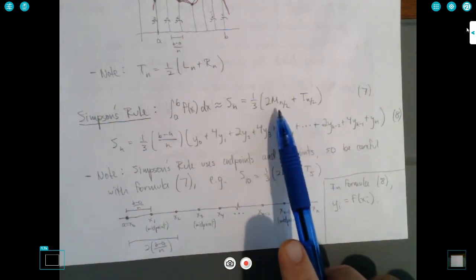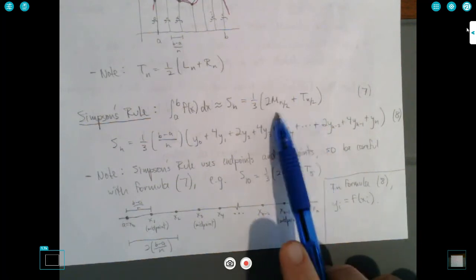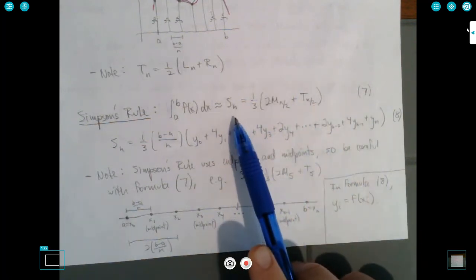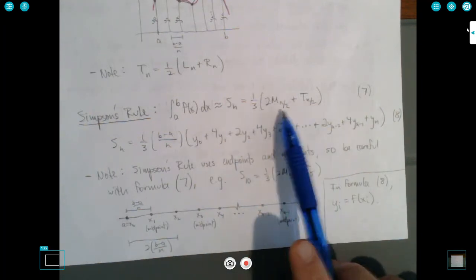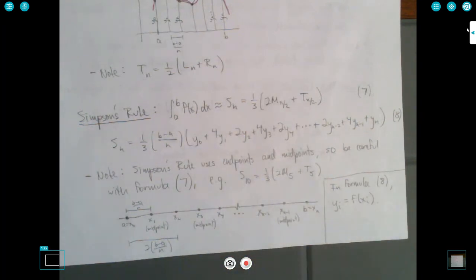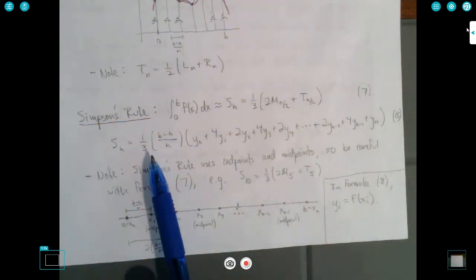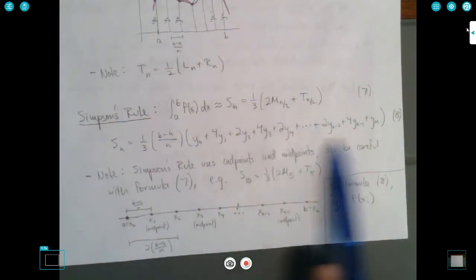Now, this requires you to know what the midpoint and trapezoidal approximations are going into it. So if you didn't know what those things were, and you didn't necessarily want to have to compute them before you tried to use Simpson's rule to approximate this integral, well then you could use this formula, and this is formula 8. So this one's formula 7, this one's formula 8.